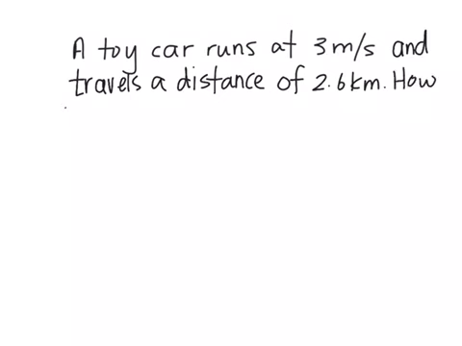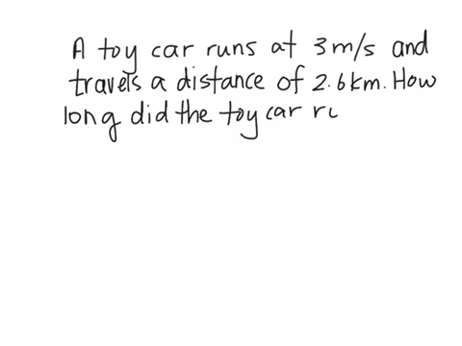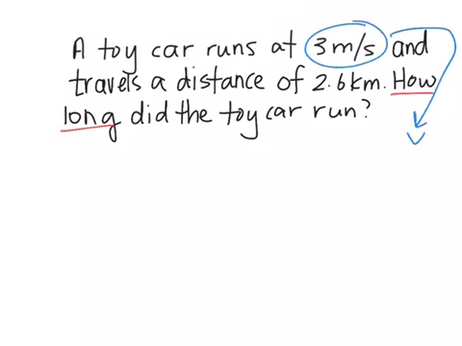How long did the toy car run? Okay, so once again, we have that question, how long? Tells us we're looking for time. We have a speed in meters per second, and we have a distance in kilometers. Now, given our formula, time equals distance over speed, we can see that meters here and kilometers here are different.